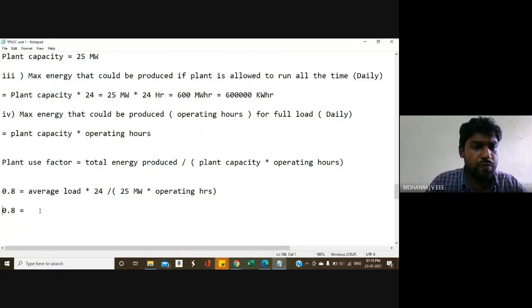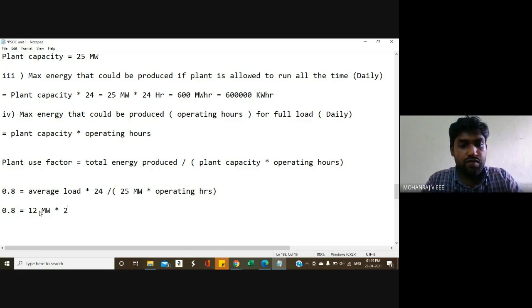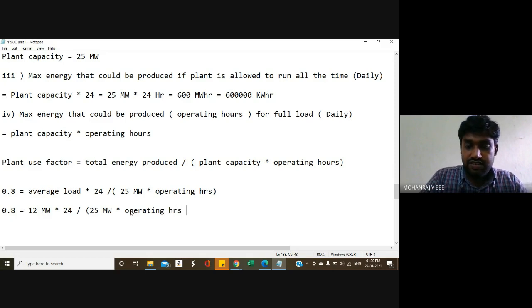Substitute it: 0.8 equals 12 megawatt into 24 divided by 25 megawatt into operating hours. From this, what is our operating hour?